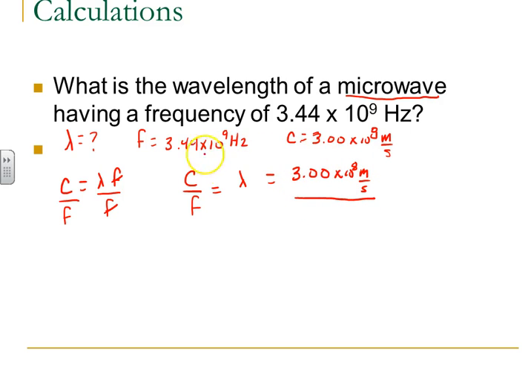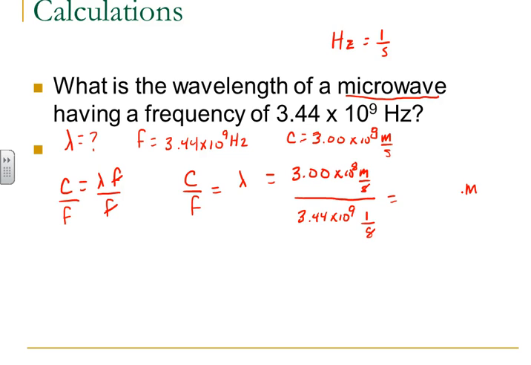frequency, which is 3.44 times 10 to the 9th. And remember that hertz equals 1 over seconds. I'm going to write it in that way because I think it shows the unit cancellation better. So that cancels seconds, and we're left with a value in meters, which is appropriate for a wavelength.